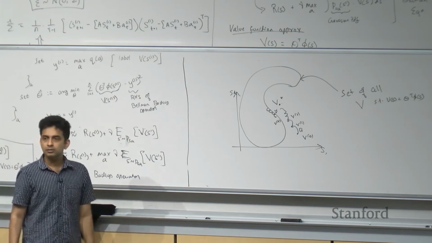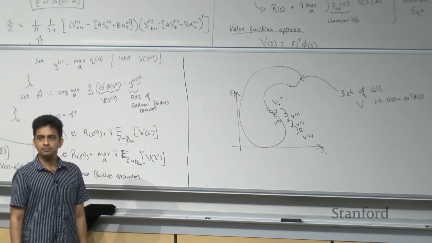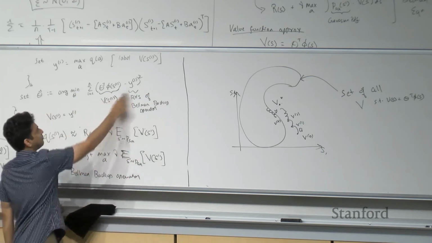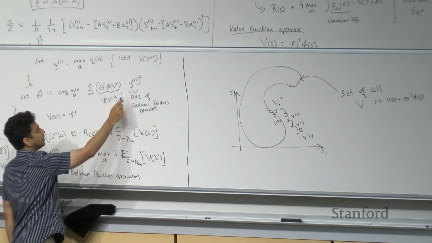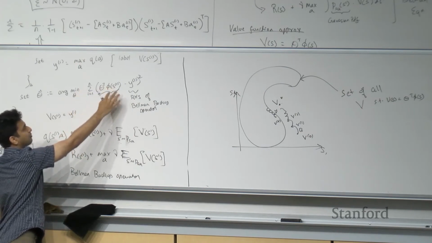This algorithm will evaluate the projection of V star on this functional space. The fact that we are minimizing this squared error, think of this as the resulting theta transpose phi of Si after minimizing.